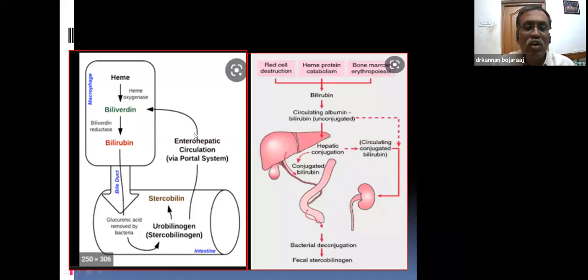This is the intrahepatic circulation via the portal system. If there is any block, we can identify it by elevation of conjugated or unconjugated bilirubin here. We can set the level of diagnosis, where the problem is. We have to understand these biochemical and physiological areas.